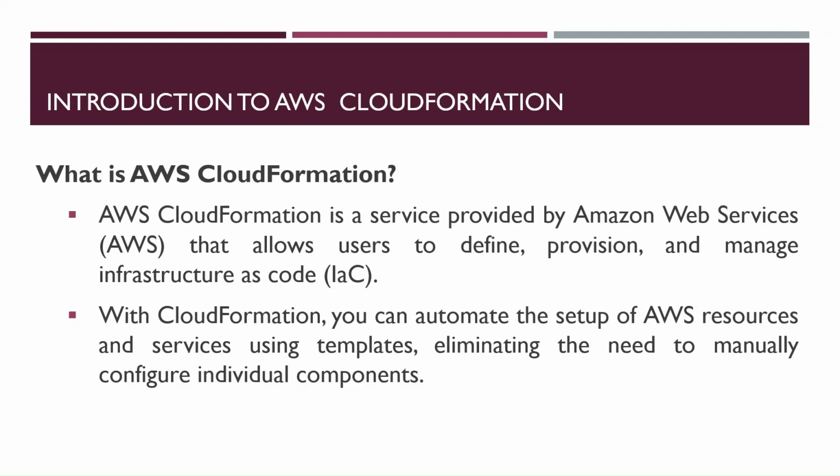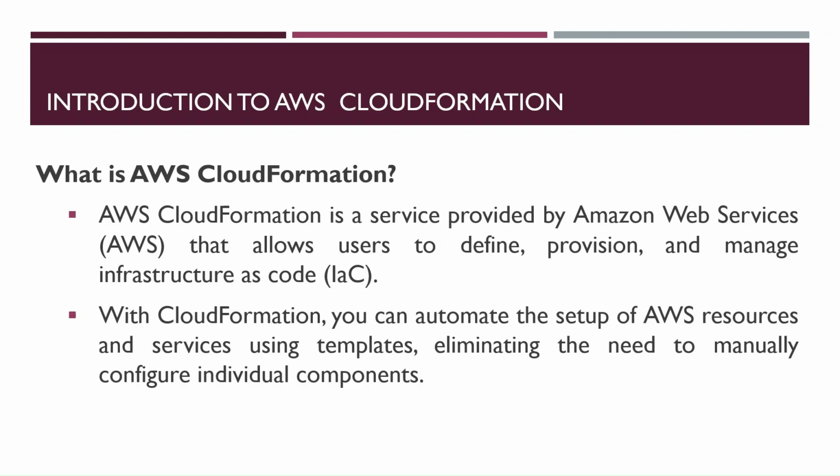Instead of manually creating and configuring resources like servers, databases, and networks, we define what we need in a simple text file. That is a text file written in YAML or JSON language. CloudFormation then takes care of creating and configuring everything for you, just as you described in your file.